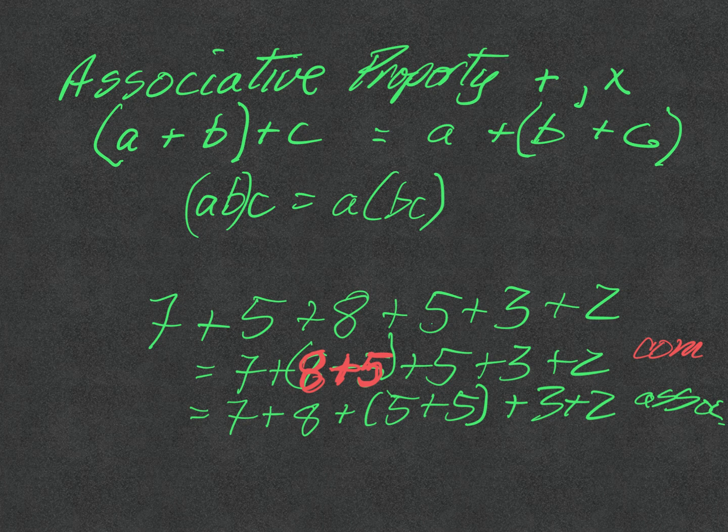Commutative, notice they changed position. Associative, basically, they changed the grouping. You're saying, I want to do these first, right? And by order of operations, whatever's in the parentheses is what you tend to do first, okay? And so that's what we've done.